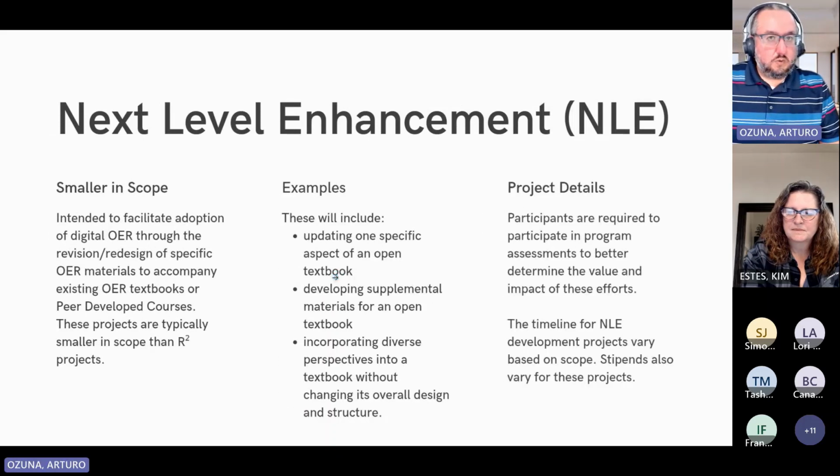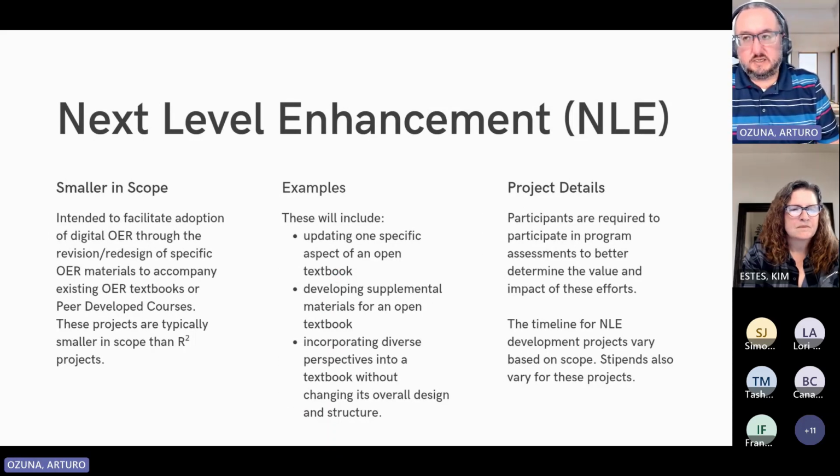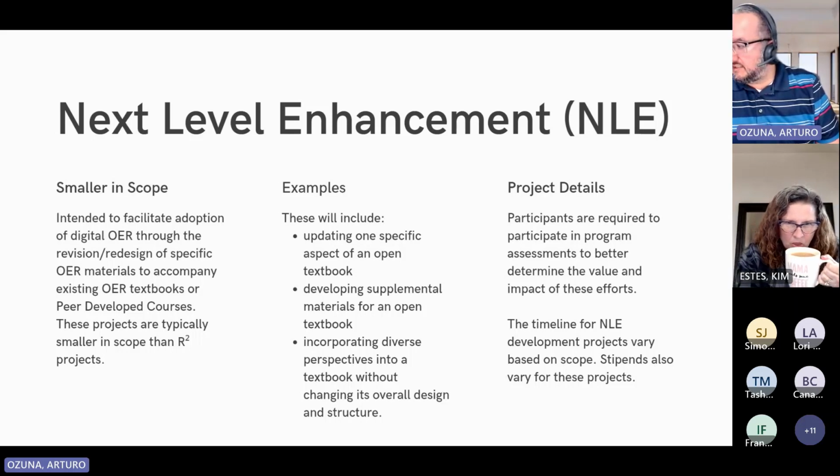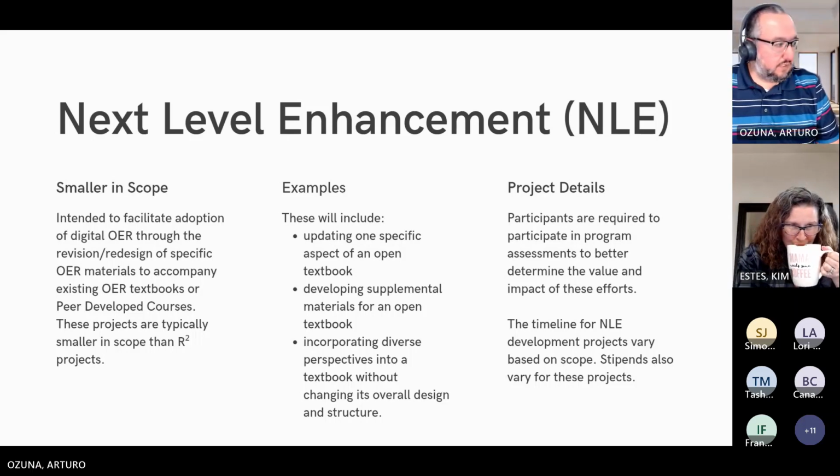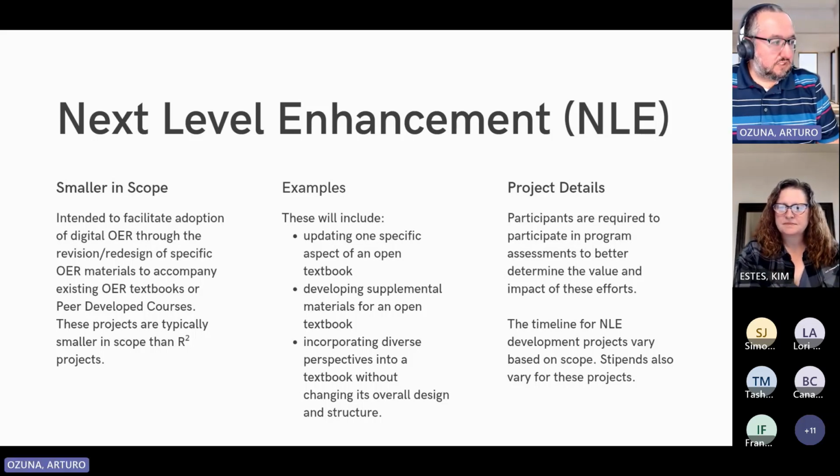And then we wanted to leave space for projects that are not necessarily full revisions and not necessarily new projects. So we also created a category which we call next level enhancements. Essentially, we will fund smaller scoped projects that may include some revision, may include some new development, but on a smaller scale.